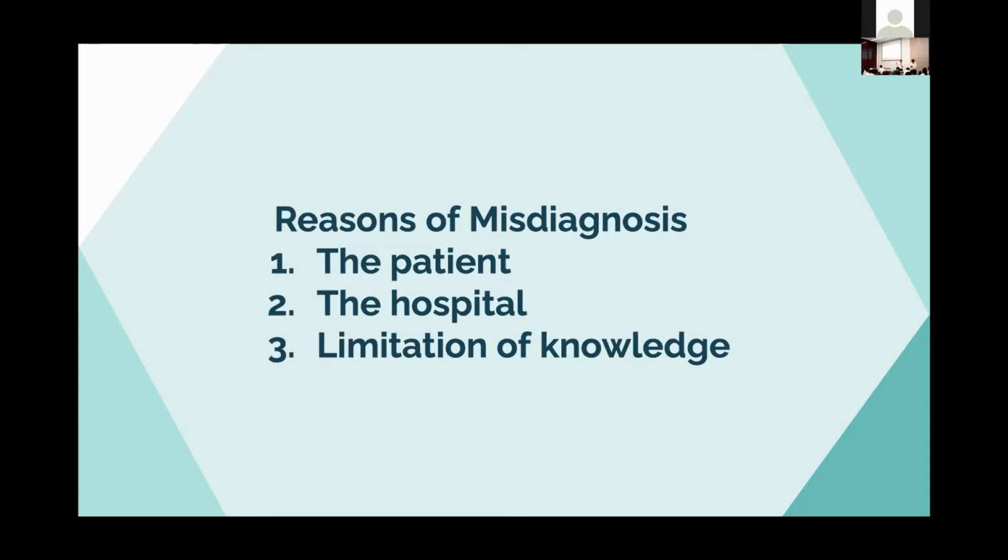And the third one is the limitation of knowledge. This can be broad, like the knowledge of the doctor himself, and also the understanding of the patient, and unorganized thoughts can lead to misdiagnosis too. The third one is the biggest reason.